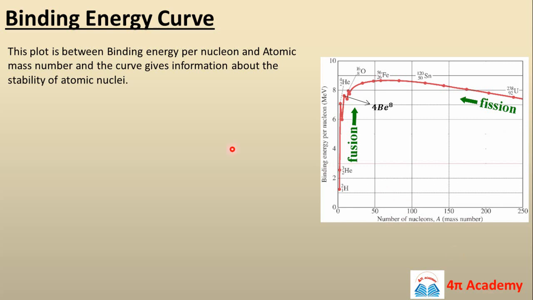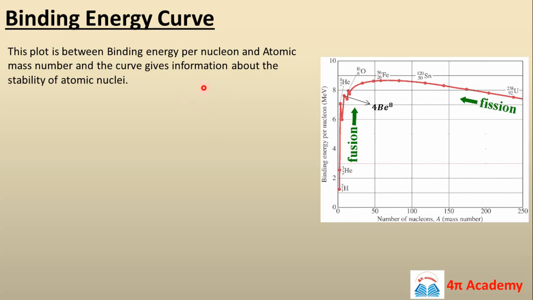If we calculate the binding energy of nuclei, we find that as the mass number increases, the binding energy increases. But the problem is that in this way we cannot compare the stability of different nuclei. So to compare their stability, we divide the binding energy by the mass number.